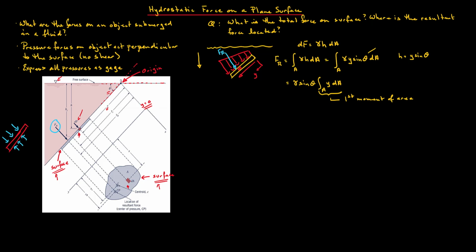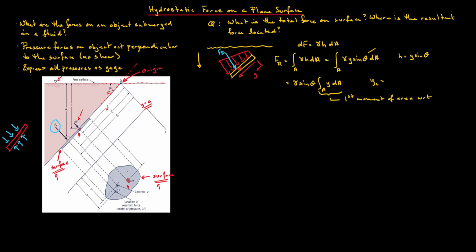And this is the first moment of area with respect to an axis. And this axis is passing through the origin of 0. Furthermore, this first moment of area is related to the centroid of the object that is submerged.